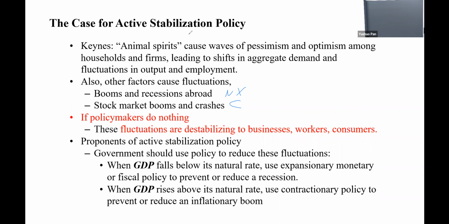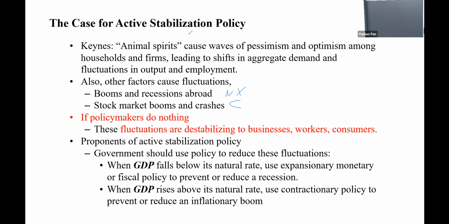When GDP falls below its natural rate, the Fed should use expansionary monetary or fiscal policy to prevent or reduce the recession, to stabilize the economy. When the GDP rises above its natural rate, then the Fed should use a contractionary policy to prevent or reduce the inflationary boom.